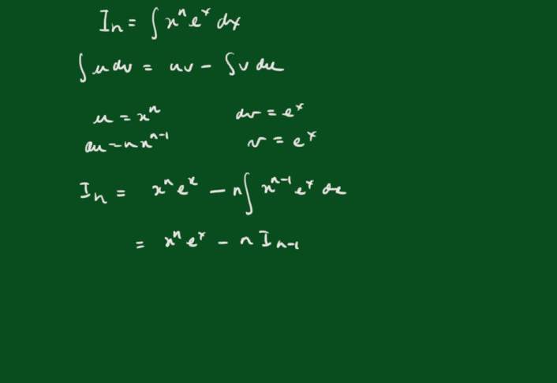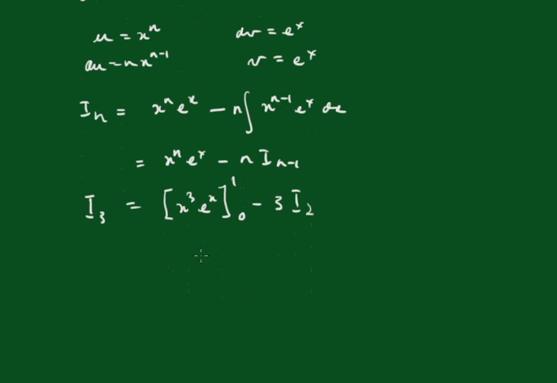Okay, now we're going to work out what I3 is, don't we? So I3 is equal to x cubed e to the x between 1 and 0 minus 3I2, and of course when you put the 1 in there, there's going to be e, and of course putting 0 in makes that 0, so it's e minus 3I2.